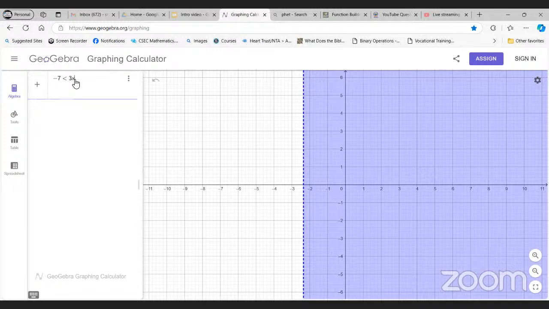If you plug in 1, you make 3. So all x values on this side here, if plugged into this expression, will make this expression true. So what they're really asking you then is to find the values of x that will make the expression true. That's what they're asking.